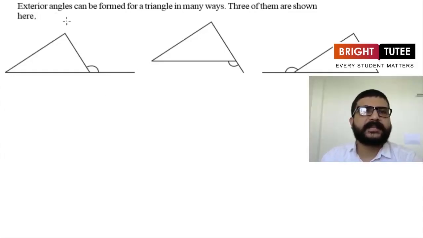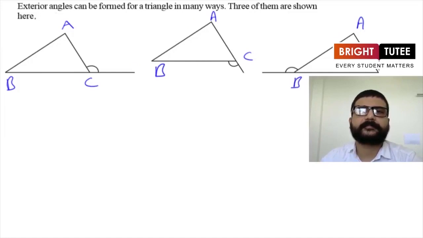First of all, let's name these triangles. Let's say this is A and this is B, C. These are three same triangles, so they all are A, B, C. Now as we can see here, first of all, the exterior angle was formed at vertex C, and in the second figure also the exterior angle is formed at vertex C, and then an exterior angle is formed at vertex B. So here we have seen two of the exterior angles are on vertex C. Can we have any other exterior angle on vertex C?